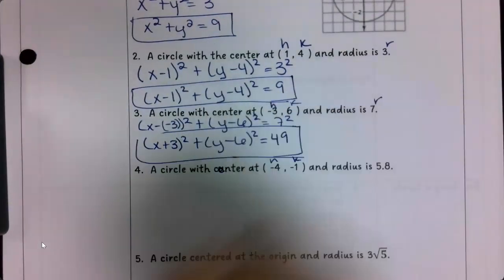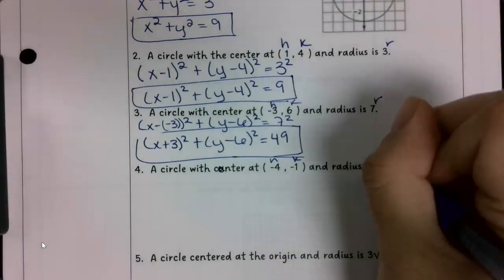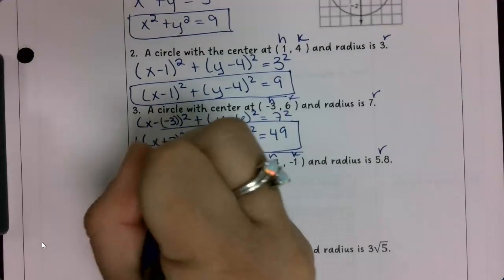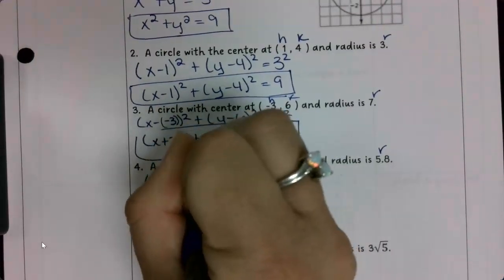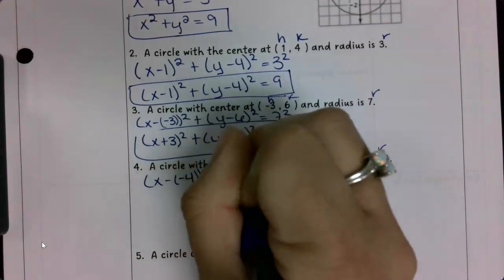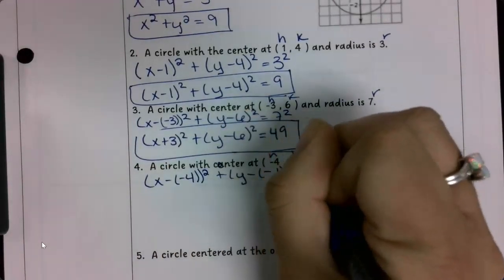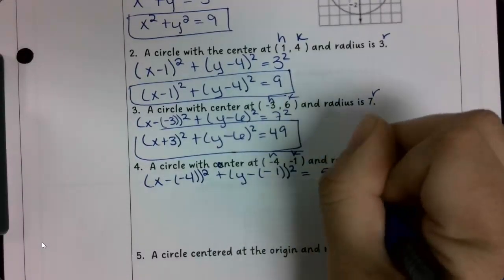Same thing for number 4. I have (h, k) and then r. So I'm going to have (x minus negative 4) squared plus (y minus negative 1) squared equals 5.8 squared.